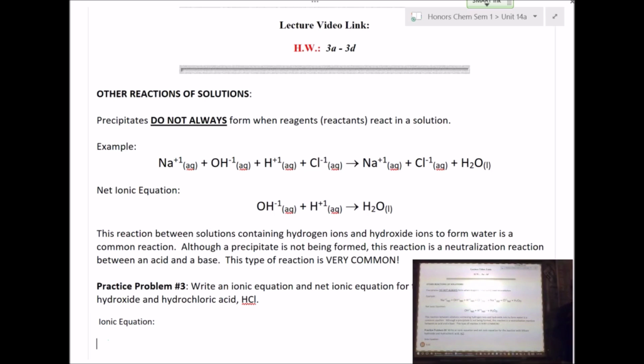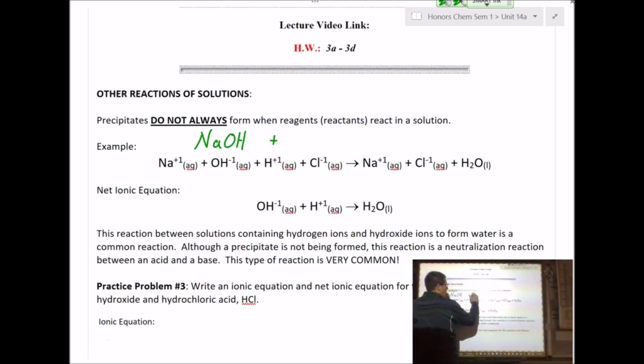Here's a really important thing, and we've talked a little bit about acids and bases back when we were doing naming. Anytime that you have an acid and a base, and we'll work with acids and bases a little bit later on, here, let me write this out. So we have sodium hydroxide, NaOH, and it's reacting with hydrochloric acid.